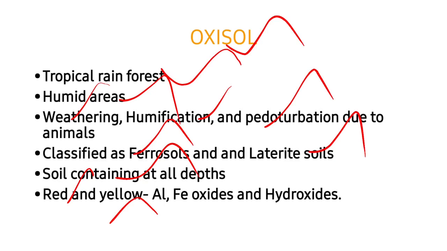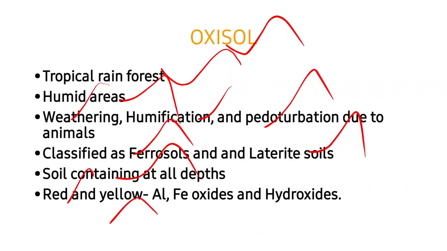Coming to Vertisol, Vertisol is rich in montmorillonite and it has self-mulching property, and it also contains a deep A horizon, and it has Gilgai relief, and it is known as black cotton soil. Likewise, your Ultisol is known as red clay soil. It is rich in kaolinite and it has good bearing capacity and it has insoluble iron oxide.